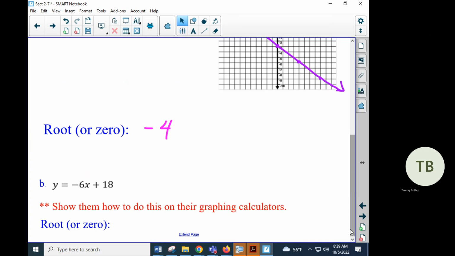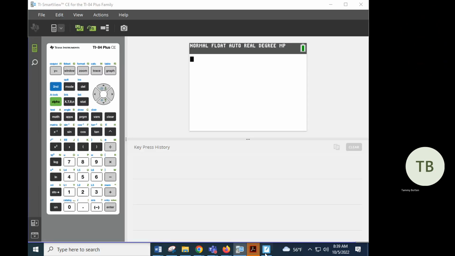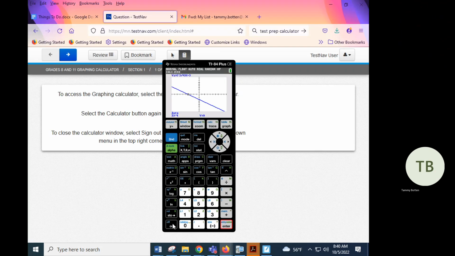So let's go to this one. And when we do that, okay, when you go back to y equals, there's our line from before, and we don't want that on there. So we're gonna hit clear. And then we're gonna type in that function.